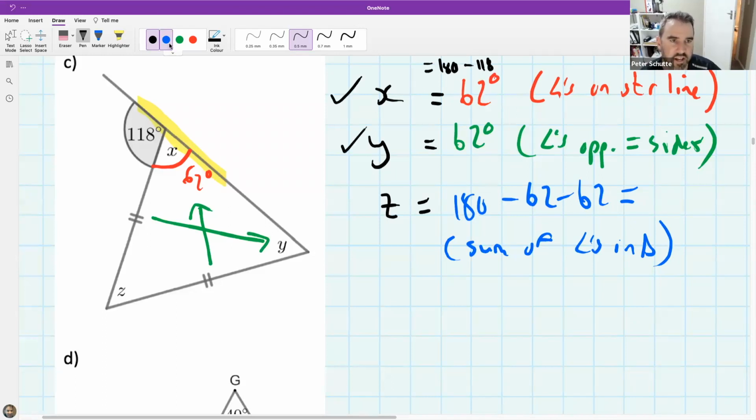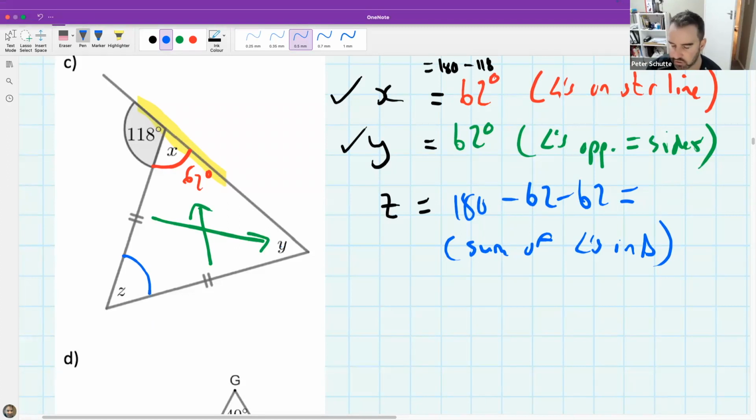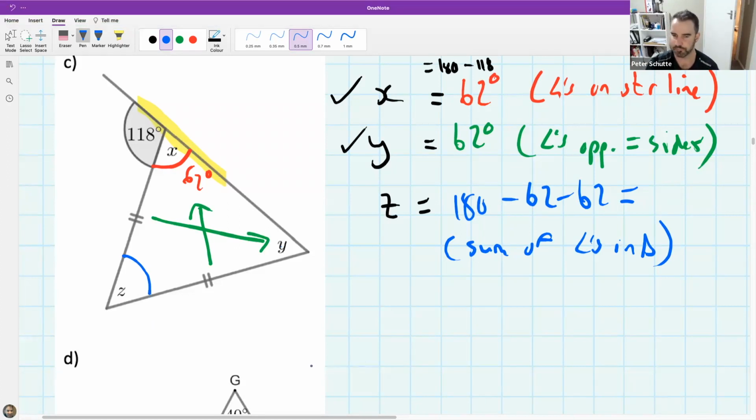And then the last thing I did was I said, well, I must just go 180 minus 62 to get the Z. And that's using the fact that the sum of the angles in a triangle are always 180. So what do we get for Z? It seems like we would get 56.